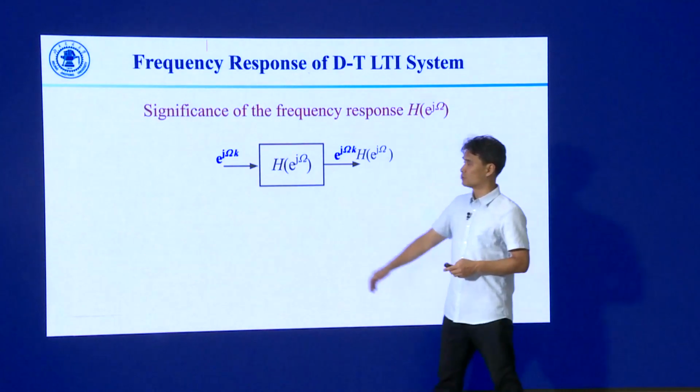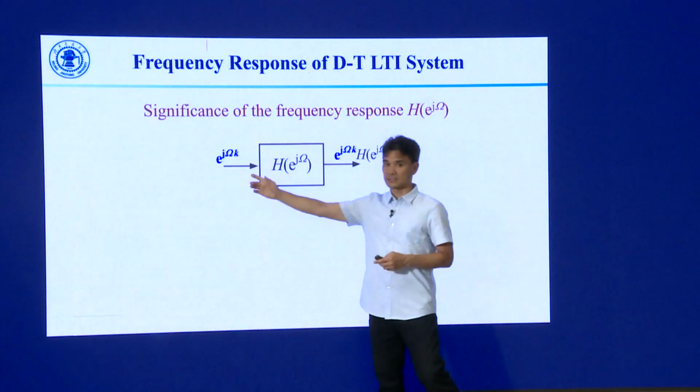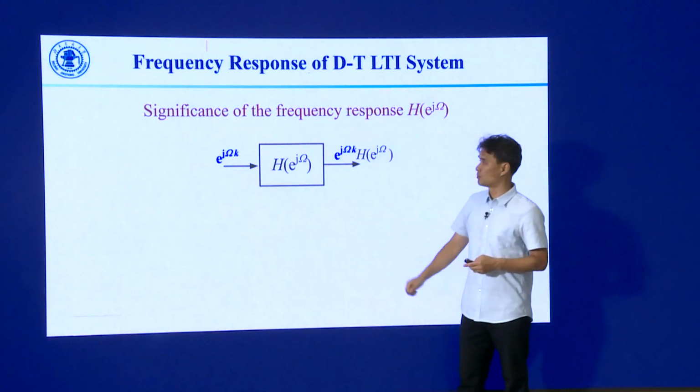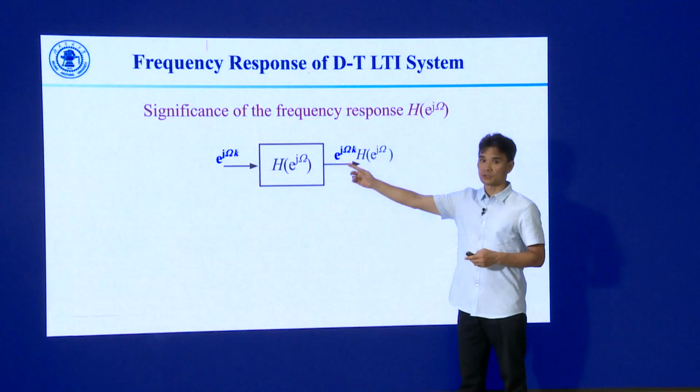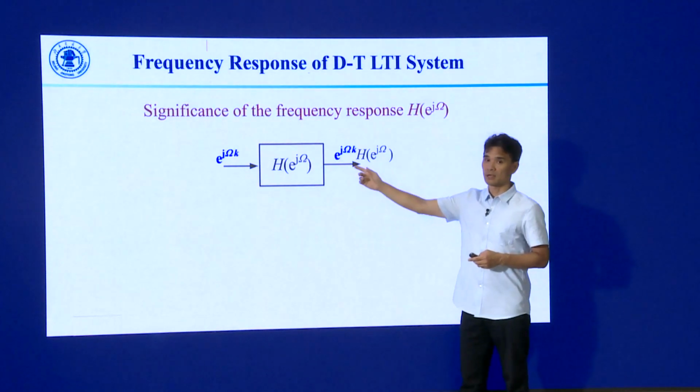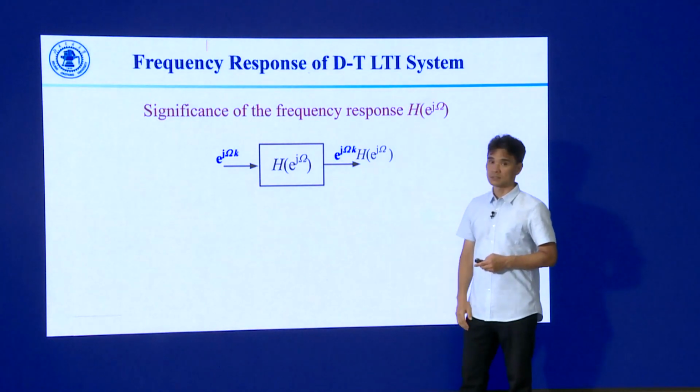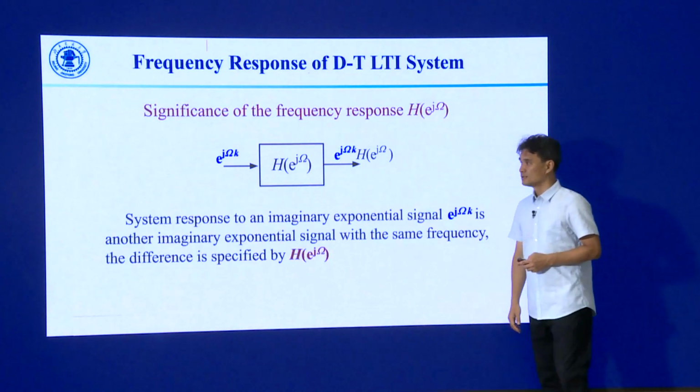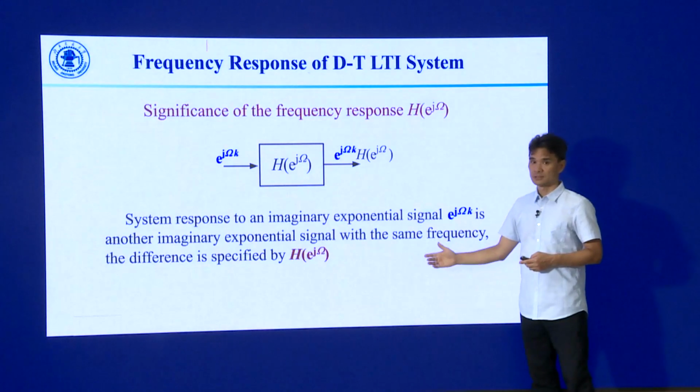So graphically, we can represent that if this is the input, then the output is the same imaginary exponential signal multiplied by the system's frequency response. So here is the explanation.